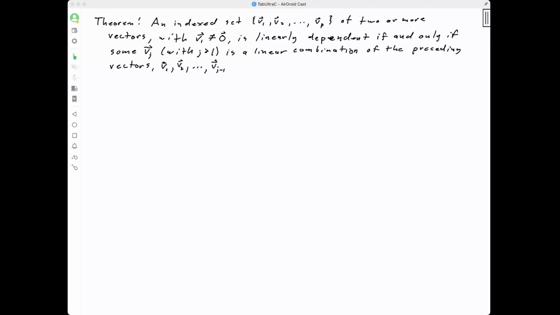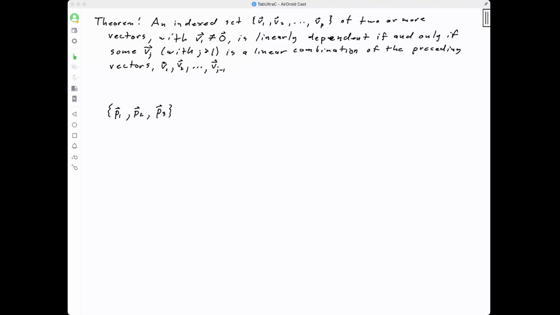So let's look at an example. If we're thinking about a vector space that is built from polynomials of degree at most 1, we can look at a set of vectors. We'll call them P1, P2, and P3.